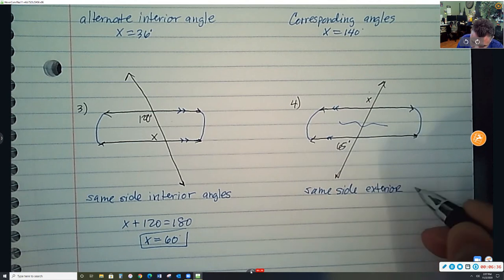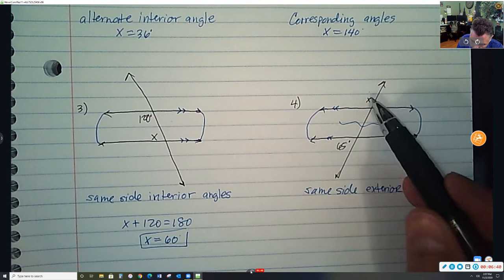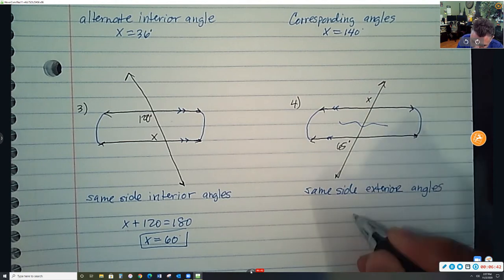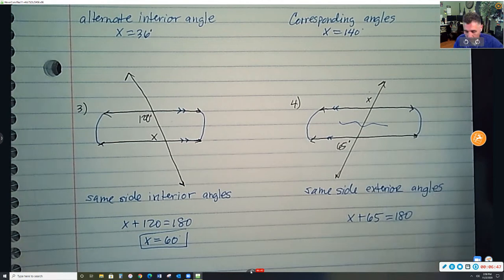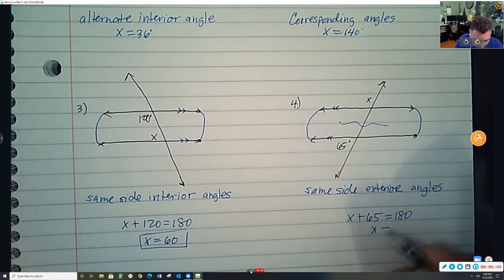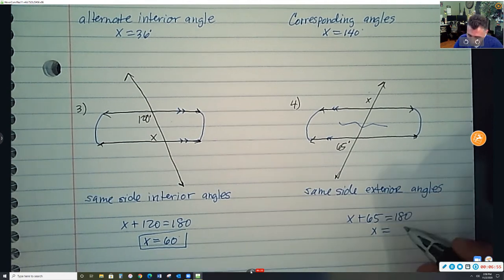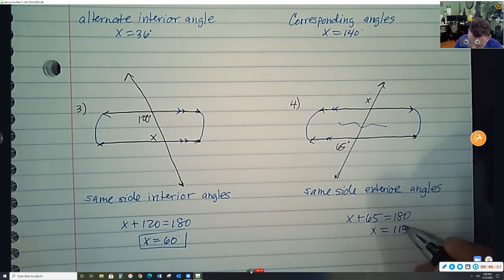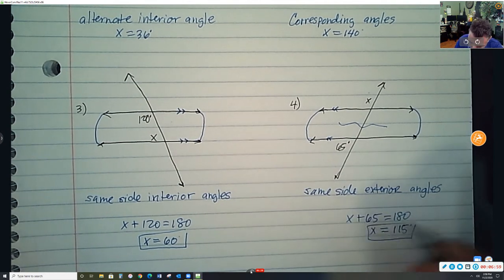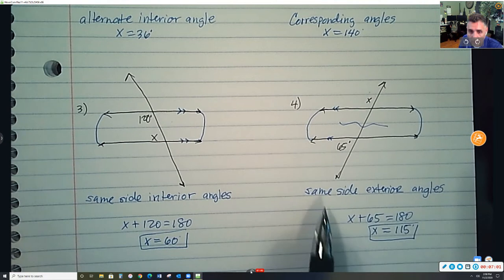Same side exterior angles, and when they're both same side exterior, they add up to 180. Briefly subtract those two, 180 minus 65, and you get 115. And that's what x equals. Okay? So again, on today's assignment, you have to name the angles and then find out what x equals. And that's it.